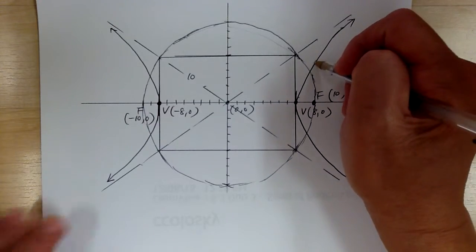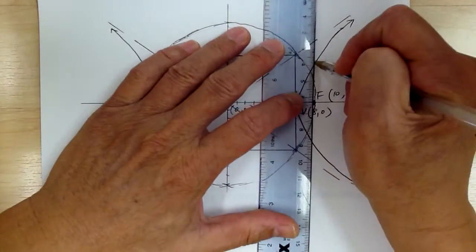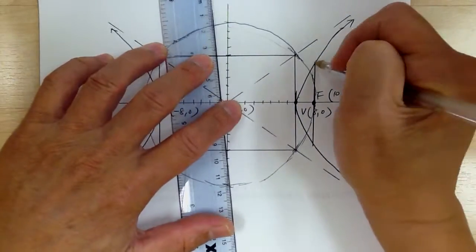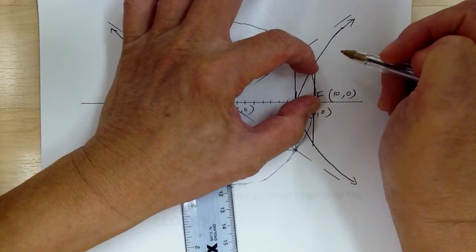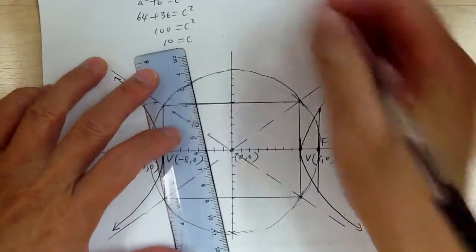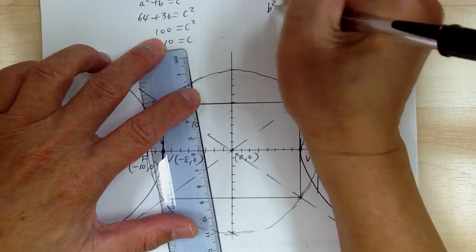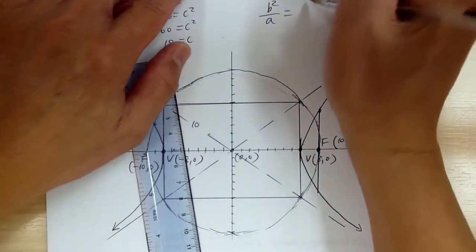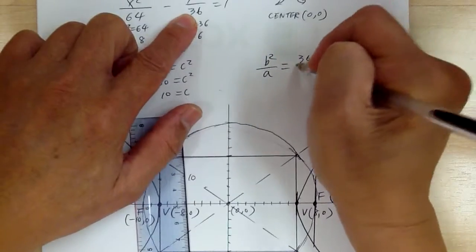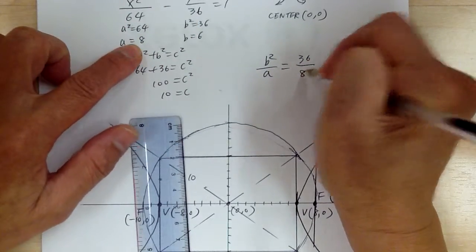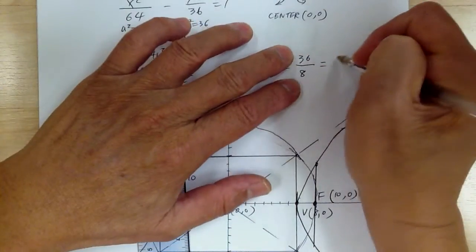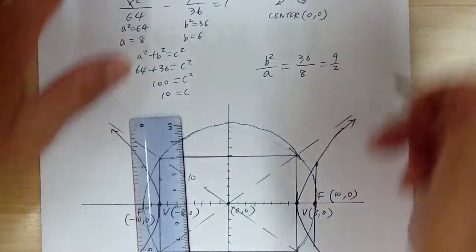Now, if you want to figure out this point over here, okay, remember this is b squared over a, right? So b squared over a will equal 36 over 8. And if you reduce, you get 9 over 2. Okay.